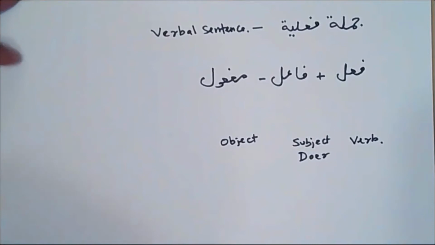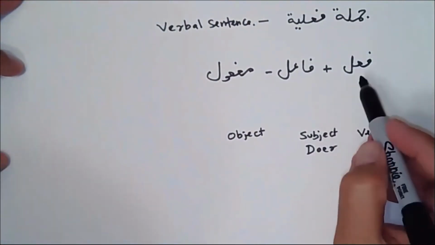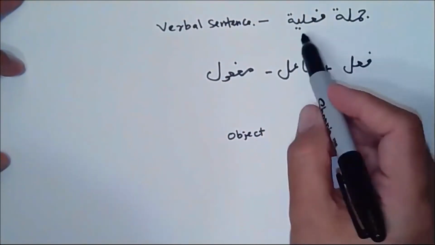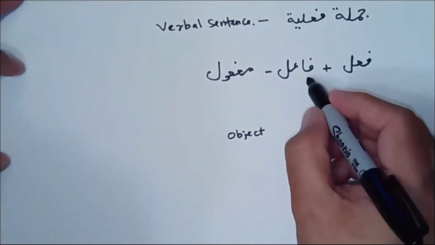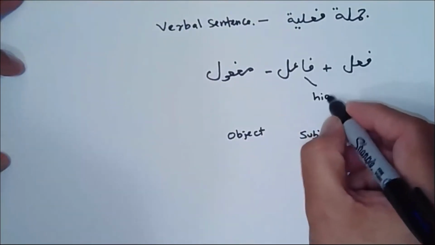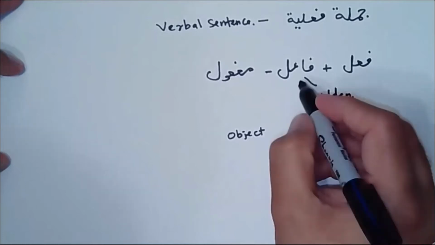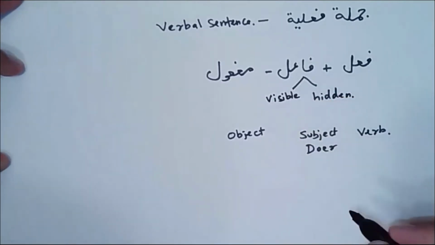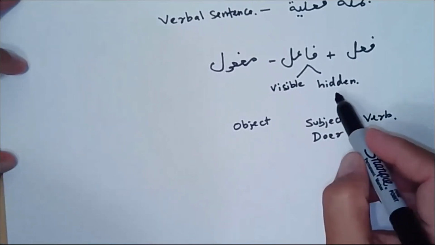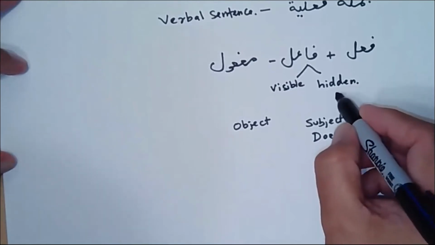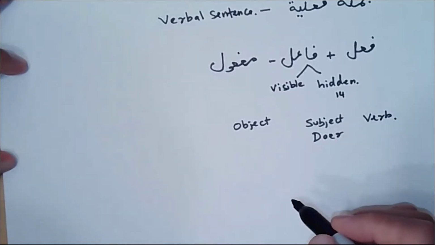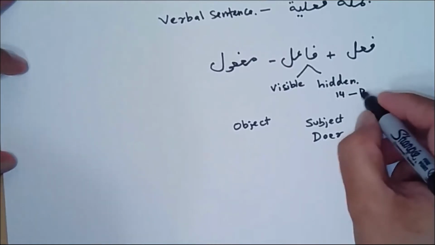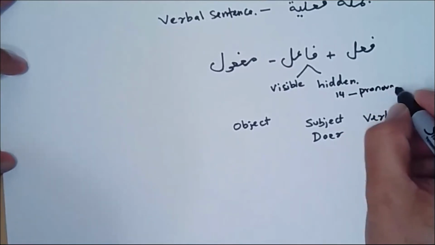We also learned that in a given sentence, Jumla Felia, a fa'il could be hidden or it could be visible. Remember that part? Yeah. Okay. When it is hidden, we have the 14 different combinations with the pronoun. Who remembers that?